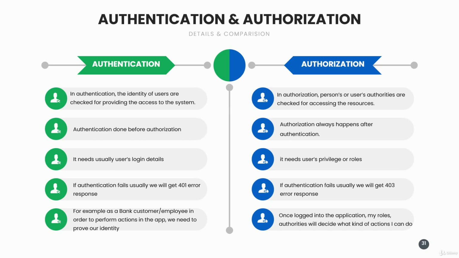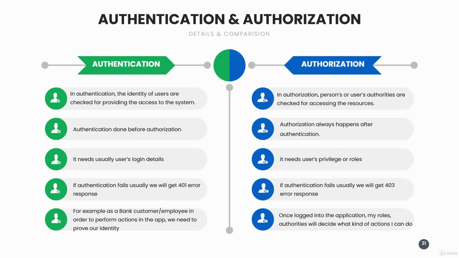In authentication, the identification of the user will happen. Suppose as an application architect, if I want to secure my application, in my login page, I will ask my user, prove your identity, like with your email address and password, and that's authentication.